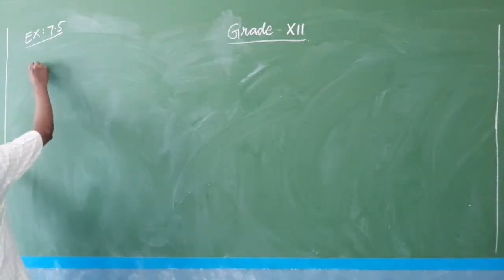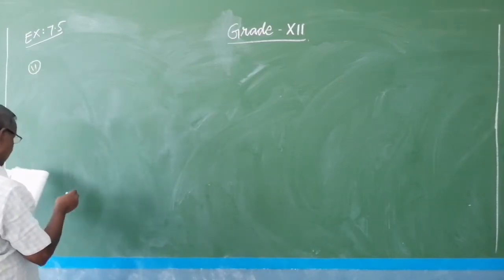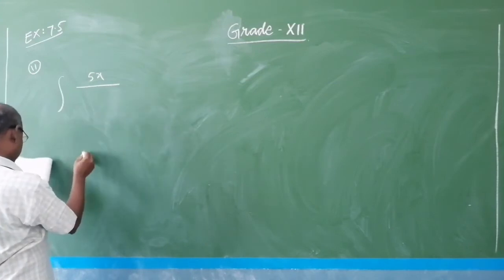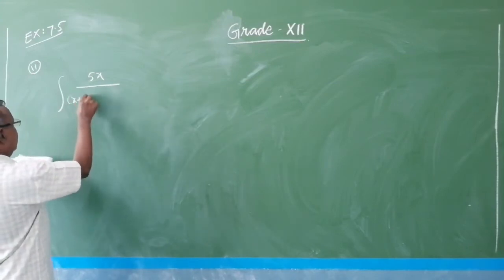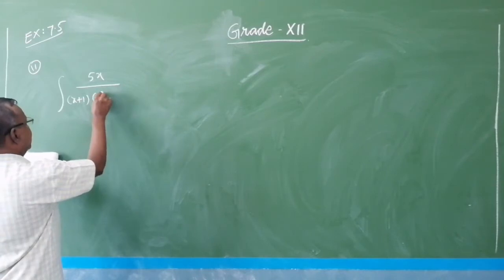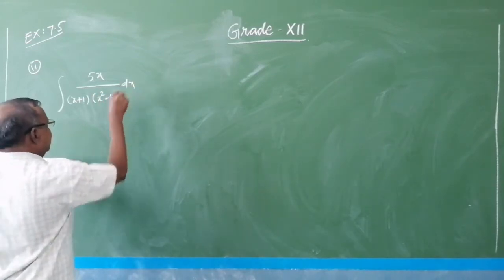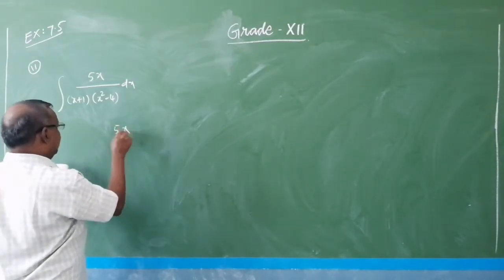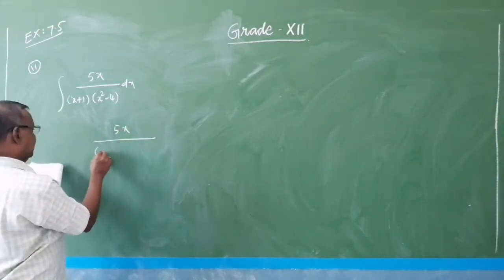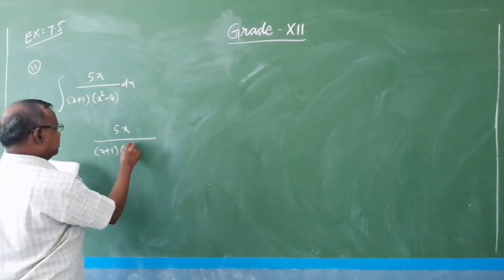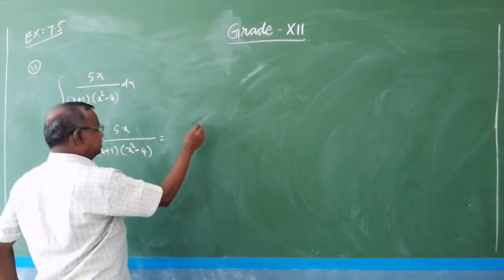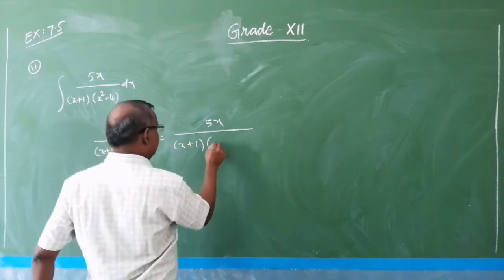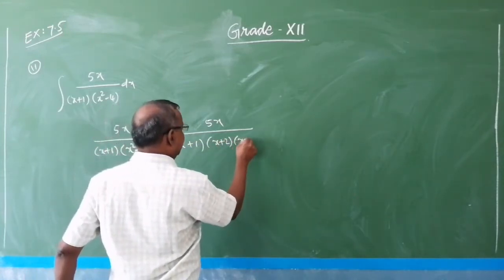Question number 11: you are given the integral of (x) divided by (x+1)(x^2-4) dx. We can rewrite x divided by (x+1)(x^2-4) as x divided by (x+1)(x+2)(x-2).